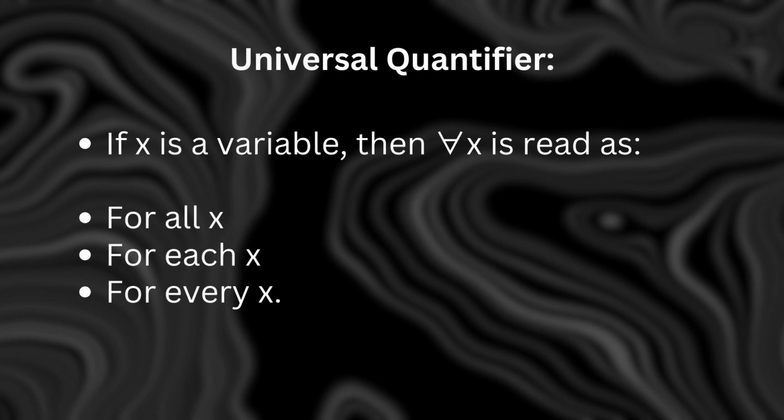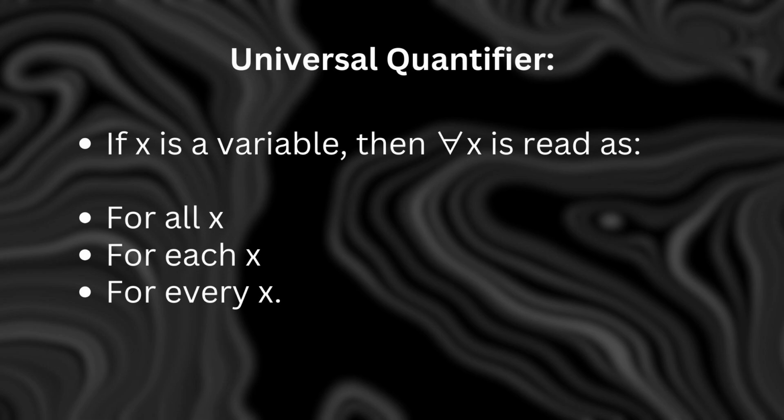This implication symbol signifies that the truth of the antecedent implies the truth of the consequent. In essence, the universal quantifier allows us to make statements about an entire set or domain, asserting that a certain condition or property is universally true for all members within that set.